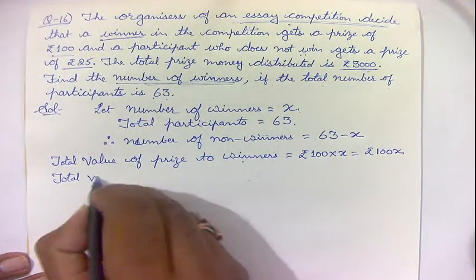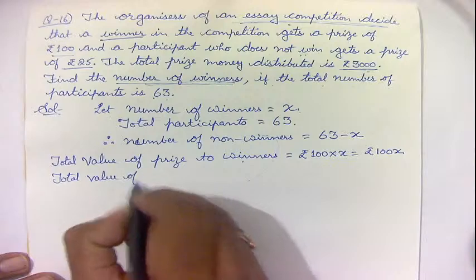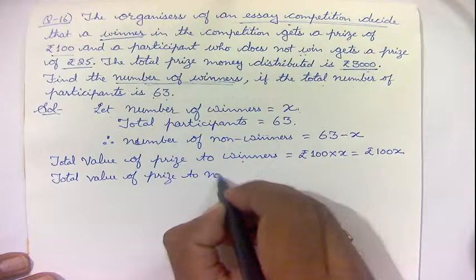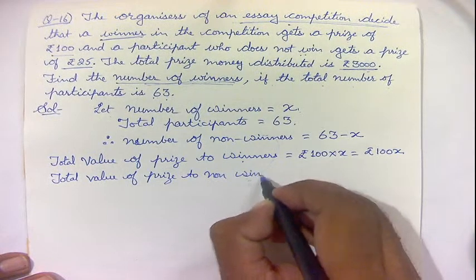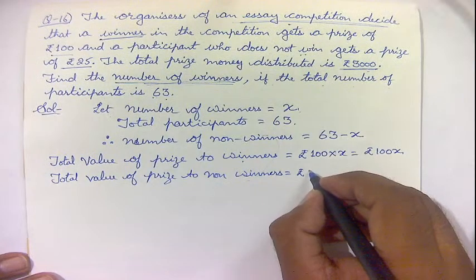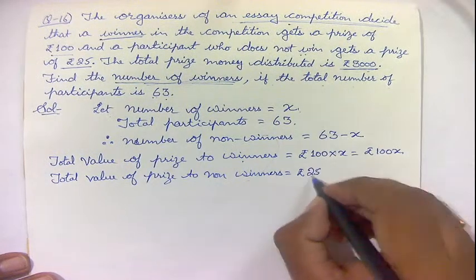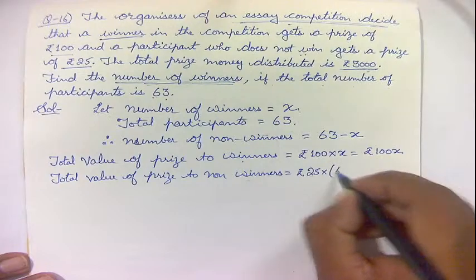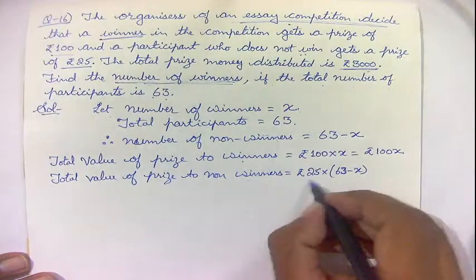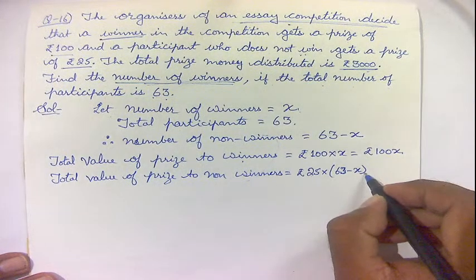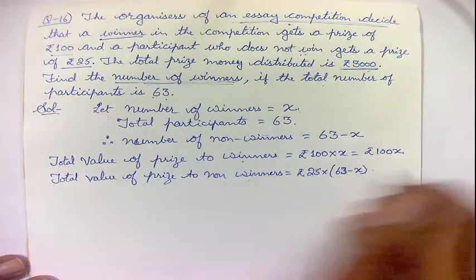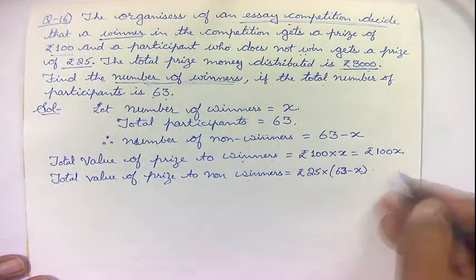Similarly, the total value of prize to non-winners. Now if there are non-winners, then one non-winner is going to get rupees 25, and there are in total 63 minus x non-winners. So this is the total amount for the non-winners, and this value we will calculate later on.